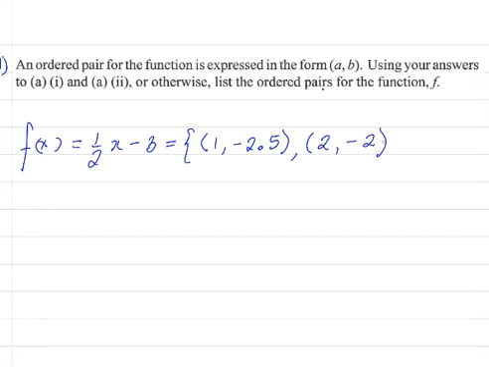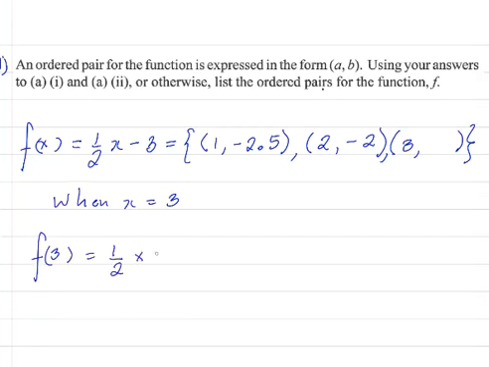The third and final one is 3. We didn't find that one, so let's find that. When x is equal to 3, we're going to find f(3), which would be equal to a half multiplied by 3 minus 3.